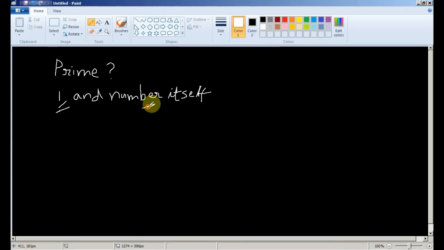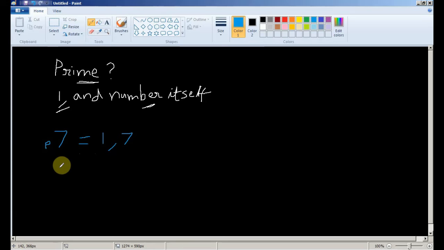If you have no other factors, then the number is prime. So let's view a couple of examples here. Let's say 7. Is 7 divisible by any other number? It's divisible by 1, we know that, and by 7, but there is no other number which can divide 7, so it is a prime.